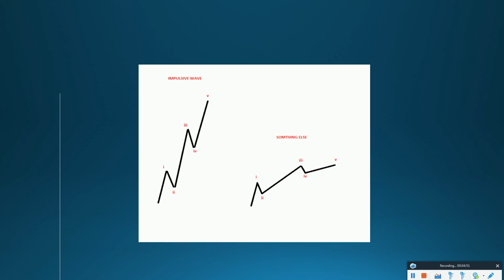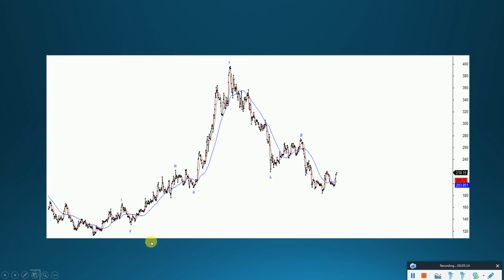The look of the pattern should be considered, not just the pattern itself, but the look. It's more important, right? So even if this pattern on the right side follows every rule and every guideline of Elliott wave, it cannot be marked as an impulse wave.